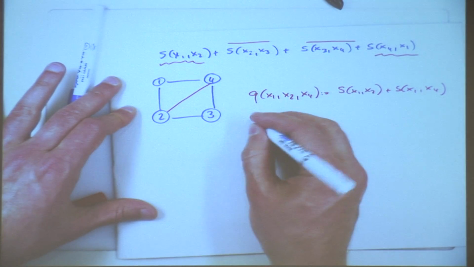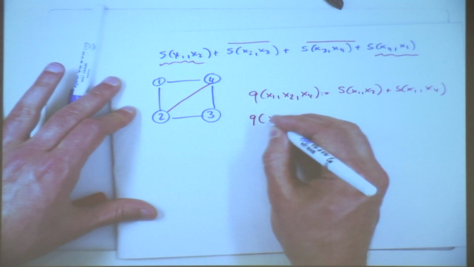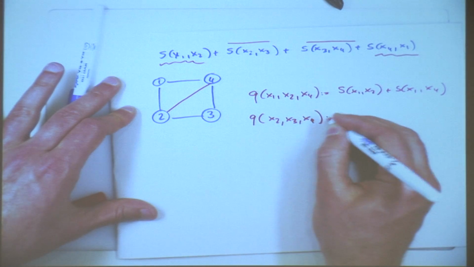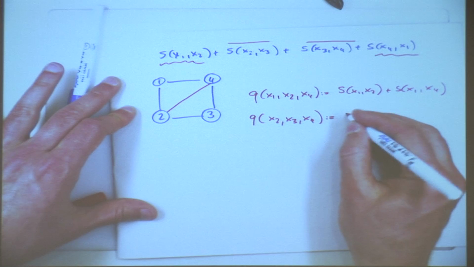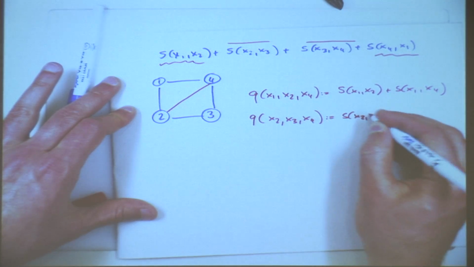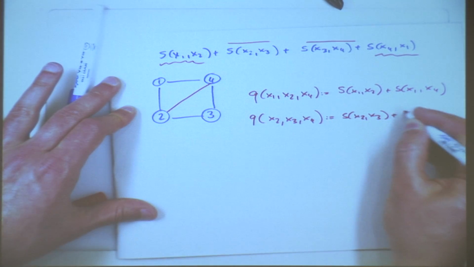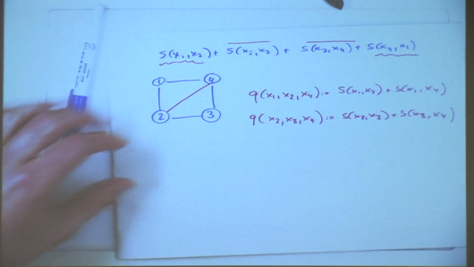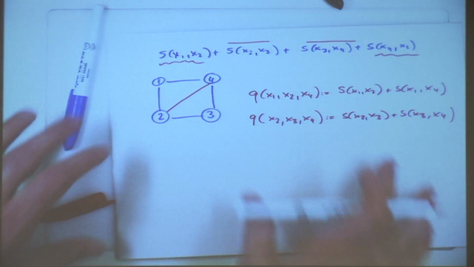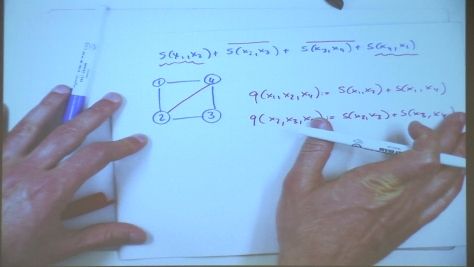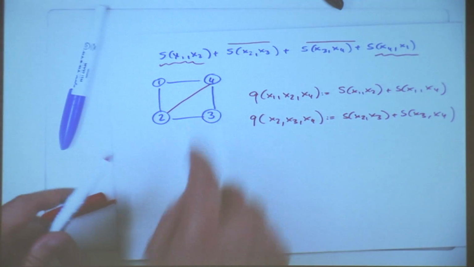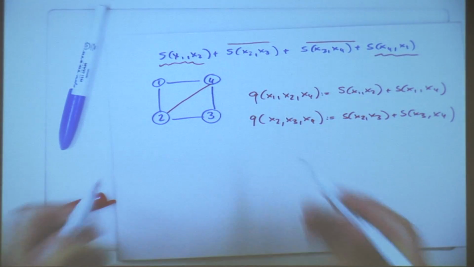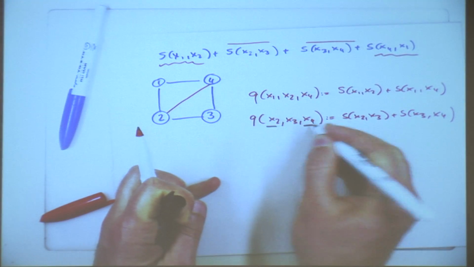And I define a second function q(x2, x3, x4) to be just s(x2, x3) plus s(x3, x4). And now I know that the separator set between them is exactly the variables x2 and x4.